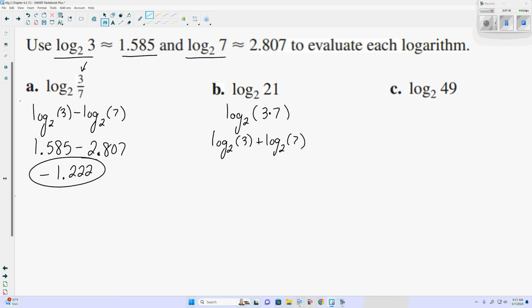Our next step is going to be almost the same as the first one, but instead of subtracting, we're adding. It will be positive instead of negative. 1.585 plus 2.807. And at this point here, we just need to plug this in to the calculator.